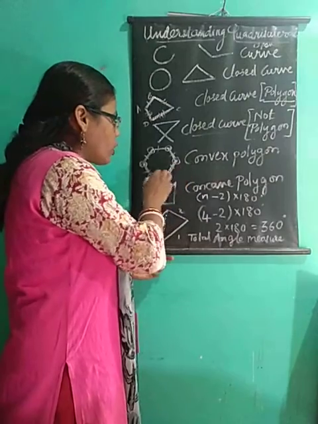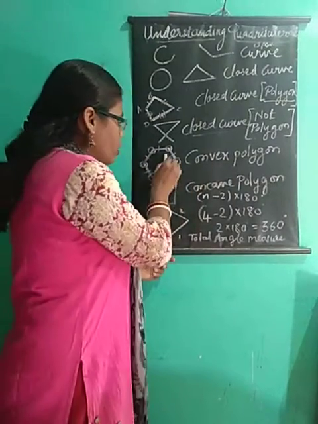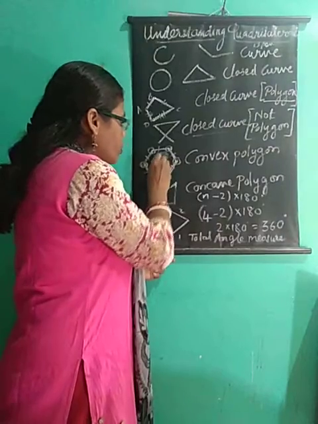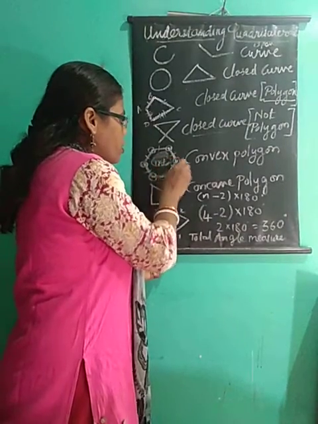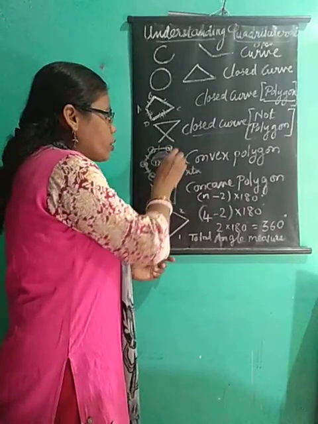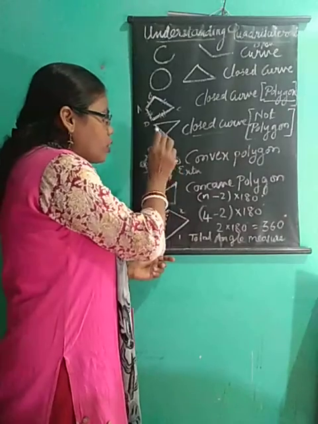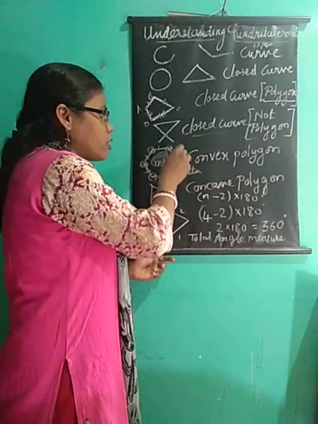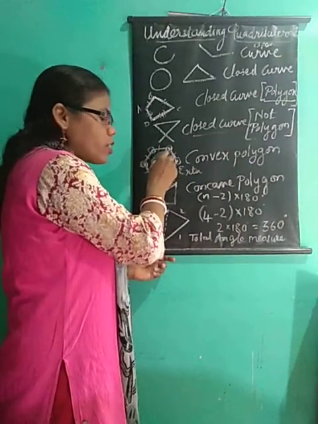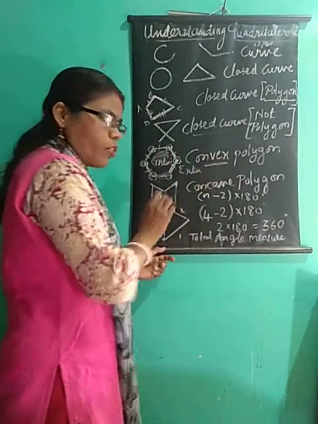So vertices are all on the outside, in the exterior of the figure. This is the interior of the figure, and this is the exterior. So when all the vertices of a closed figure are in the exterior, and none of the vertices is inside the figure, then it is a convex polygon.